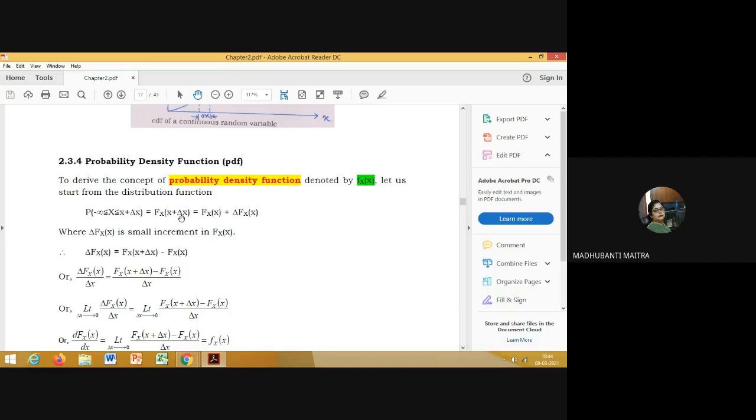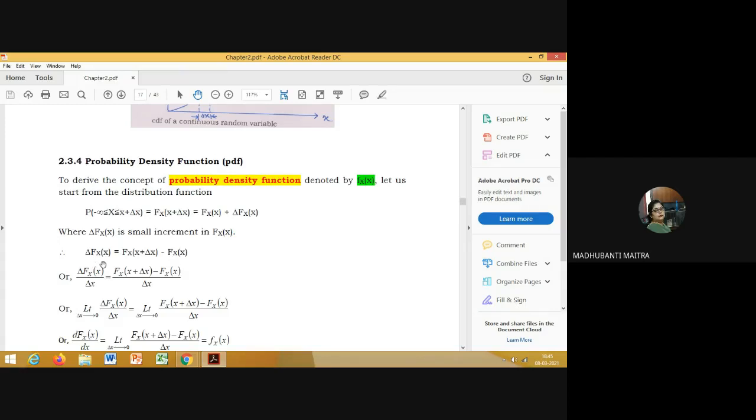So this can be written as F_X(x) plus delta F_X(x), where delta F_X again is a small increment in the distribution function. So from this we can write that delta F_X(x) is equal to this minus this, so F_X(x plus delta x) minus F_X(x).